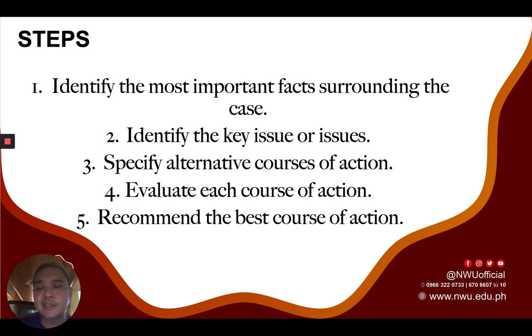To summarize, you have to list down the pros and the cons, the disadvantages and the advantages, of each alternative course of action. After that, you're ready to recommend the best course of action. State your choice for the best course of action and provide a detailed explanation of why you made the selection.